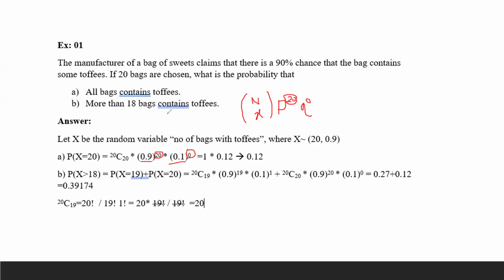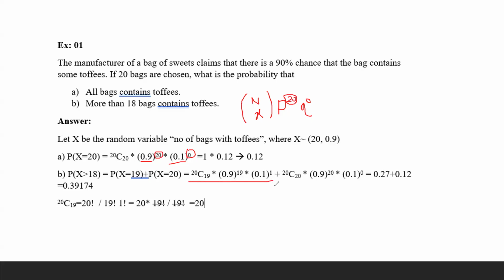Yes, 19 and 20. Very easy, okay? The same method you can follow for 19 and 20.